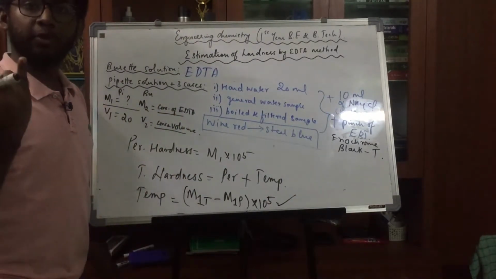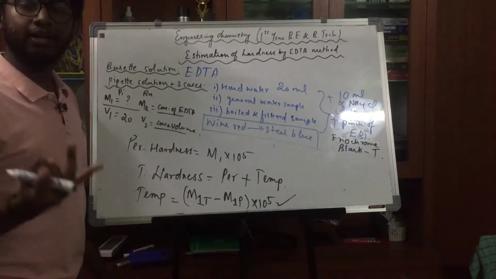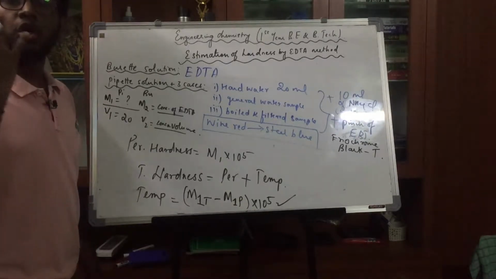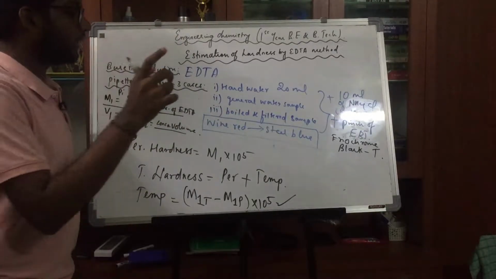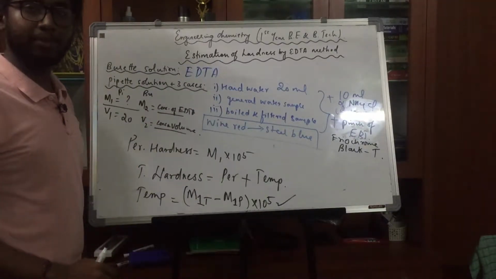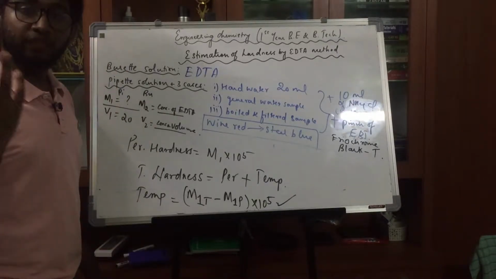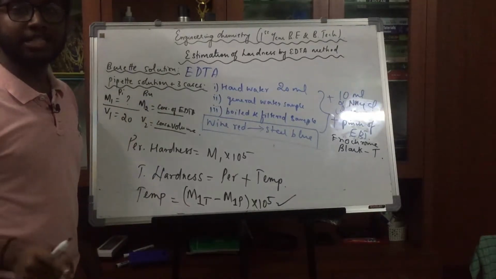So you will get your temporary hardness, your permanent hardness, your total hardness, the concentration of the general water sample solution, the concentration of the boiled and filtered sample solution, and the concentration of EDTA in the end of this experiment.